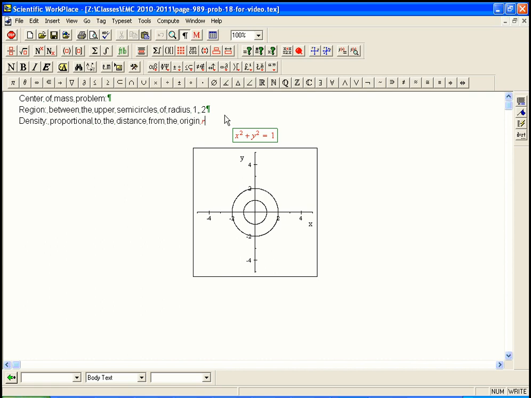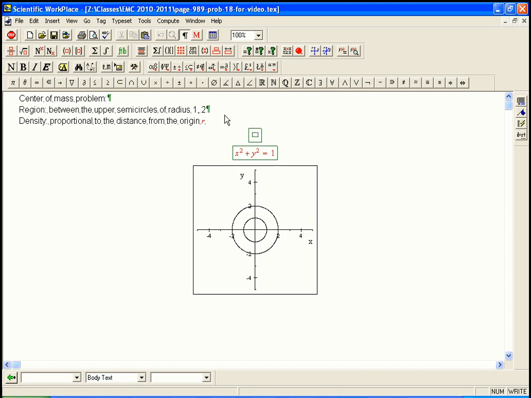That's otherwise known as r. So in other words, rho of x y is really better thought of as rho of r, or I guess we can say r theta, but it doesn't have a theta. It's equal to kr. And we can choose whatever letter we use for that proportionality constant, and it's going to come out in the wash for a center of mass calculation.